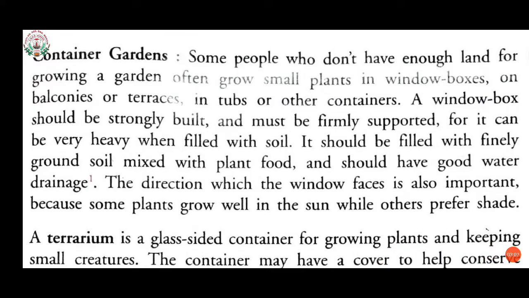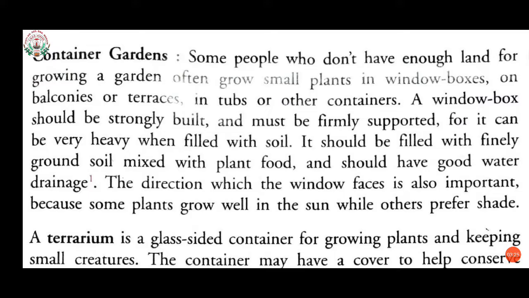Often you have seen, students, window box gardens, balcony or terrace gardens in many houses. But the fact is that planning for gardening is not an easy task, as we have to give lots of effort and lots of our time to grow plants and make our houses look pretty or beautiful.